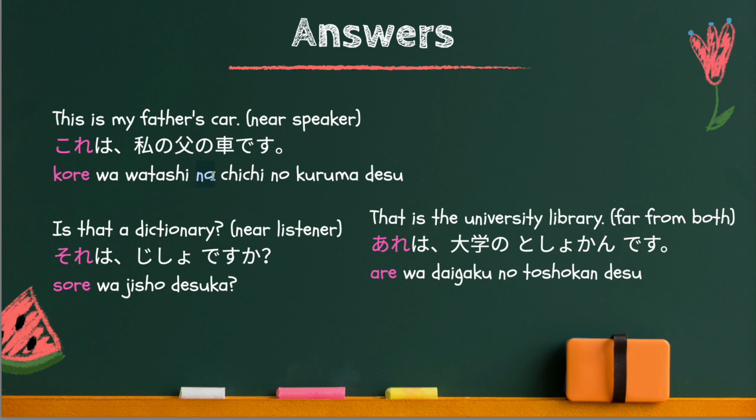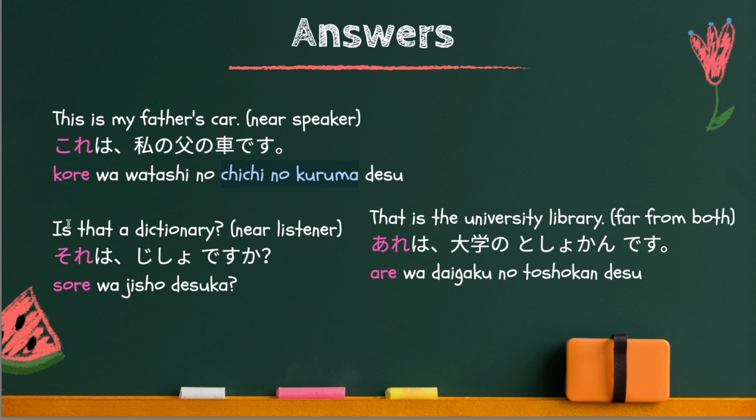So, there is 2 no particles used. For my father, 私の父, and for father's car, 父の車. But when the listener knows who the father we are talking about, you can omit 私の and you can just say 父の車. That works too.